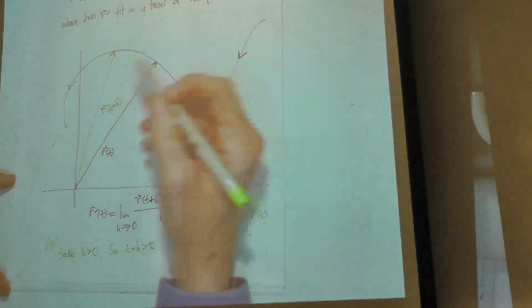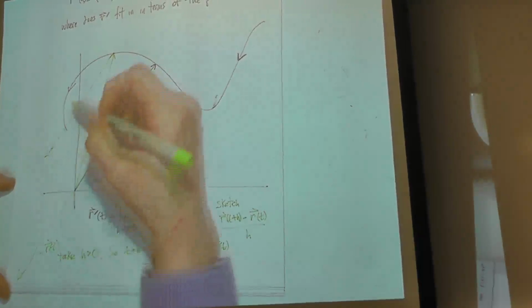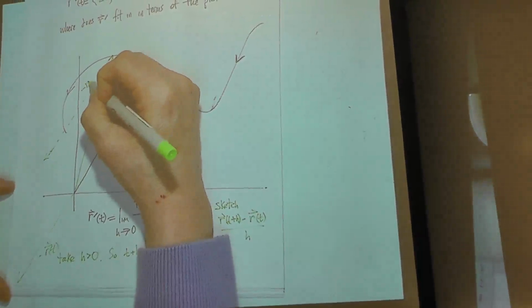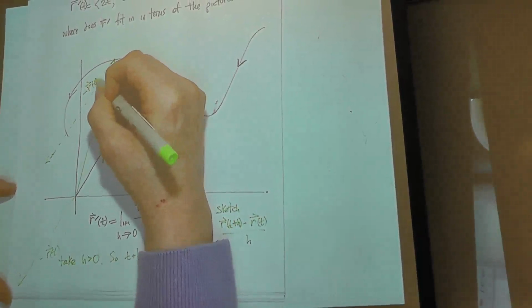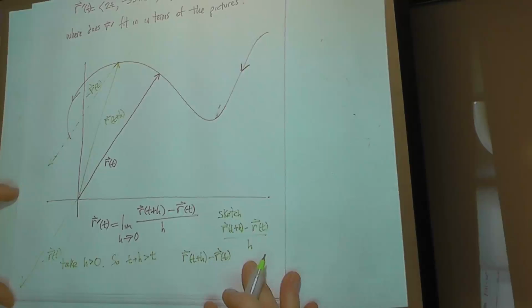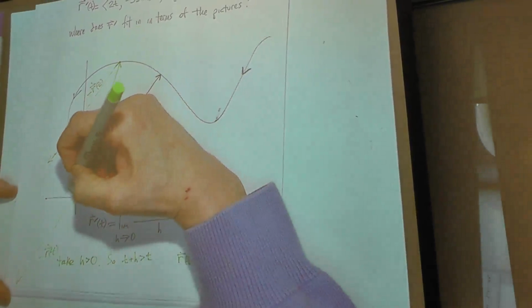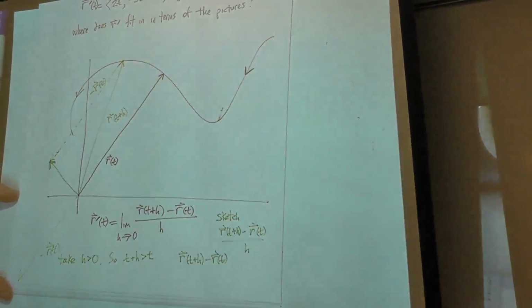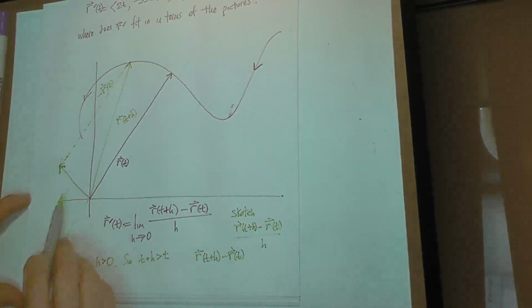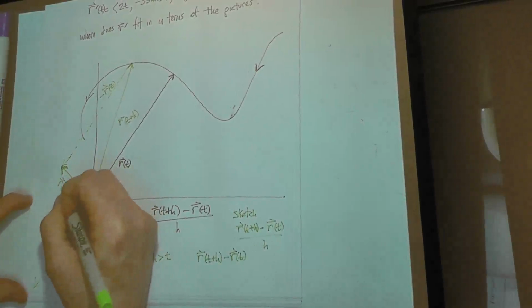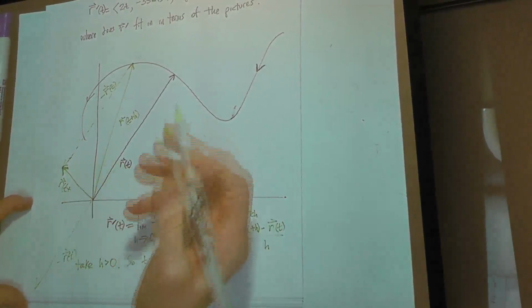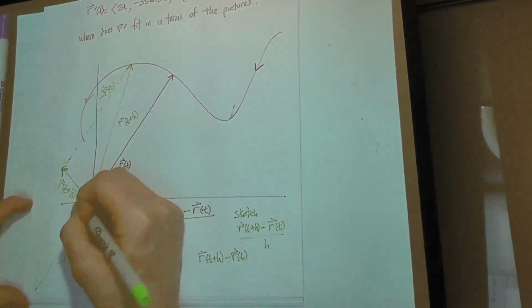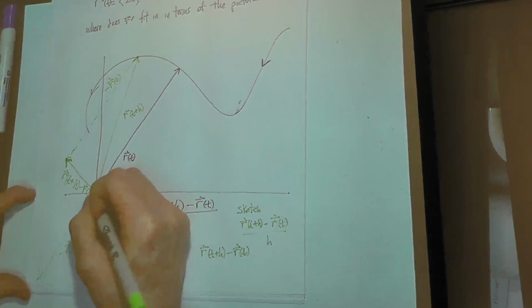So this would be my minus R of t. And that means this vector right here is going to be R of t plus h minus R of t.